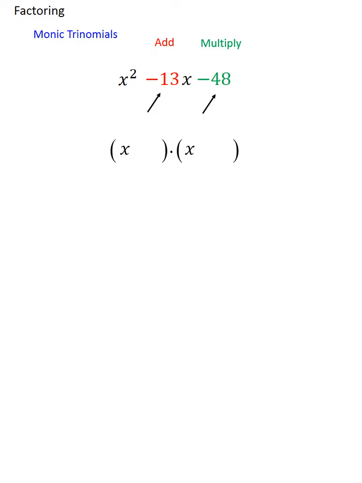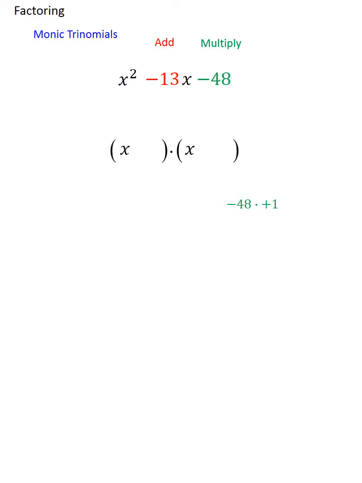In other words, I find it faster to look for numbers that multiply to make negative 48 and see, by guess and check, which pair happens to add to negative 13. So I'm going to start by making a list of all things that multiply to make negative 48. Now I'm not thinking about the number 13 right now. I'm just thinking what times what is negative 48.